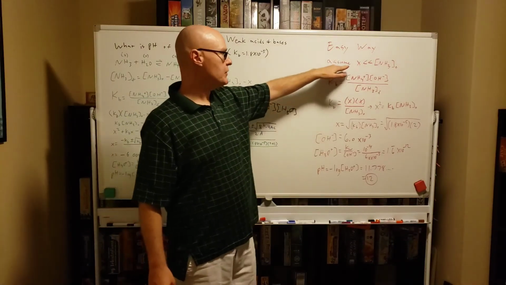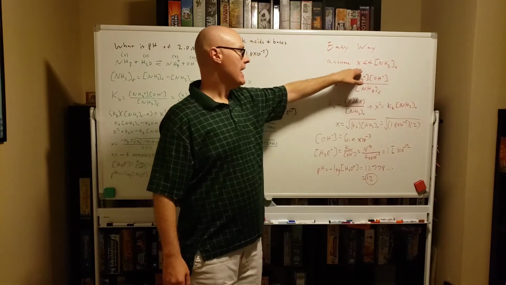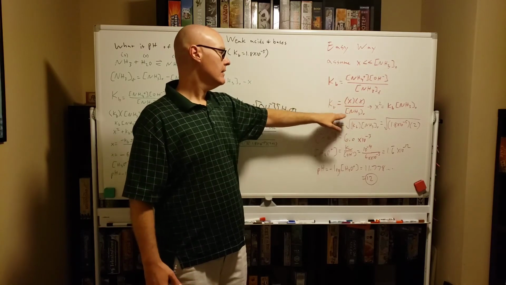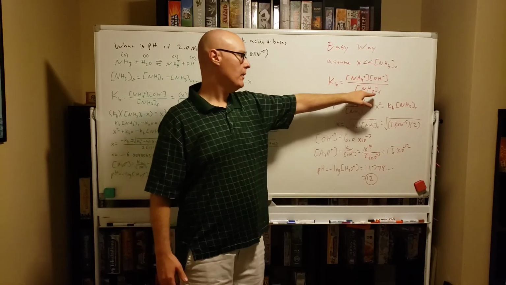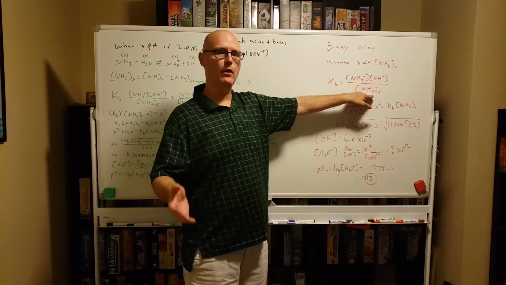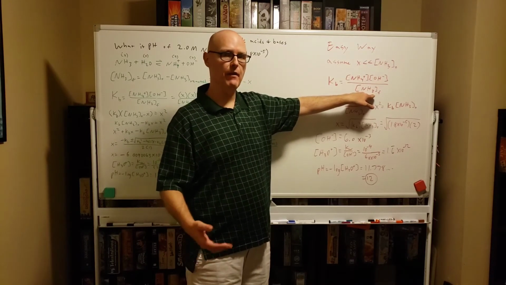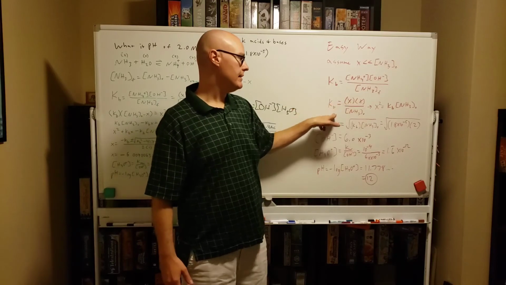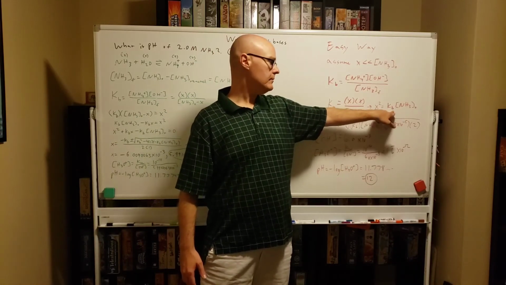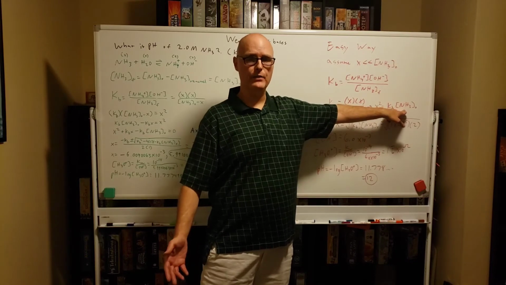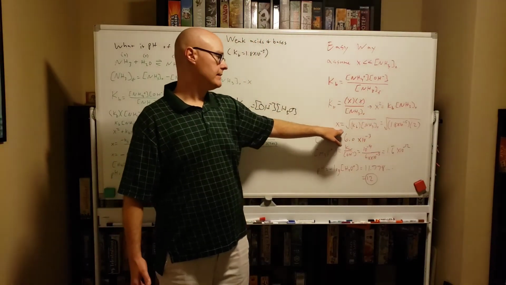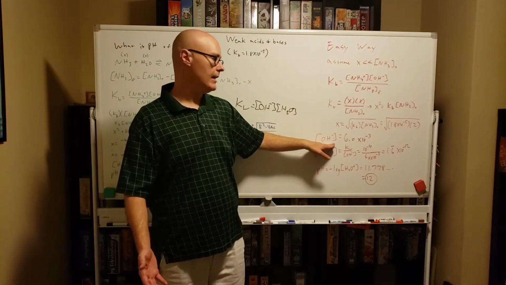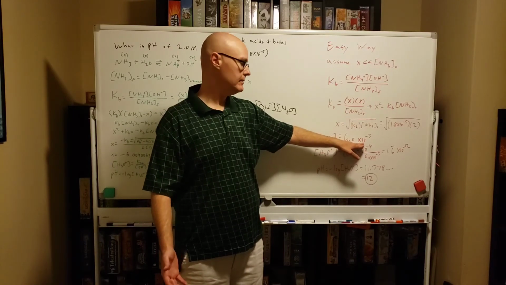If I assume it's very, very small compared to the original, then that allows me, using my equation for my ionization constant, to simplify this, because the initial and final are equal, and I get this equation. Now I can simplify this to x squared is equal to the ionization constant multiplied by my concentration of ammonia, or x is equal to the square root of that, which gives me the concentration of hydroxide equal to 6 times 10 to the minus 3.